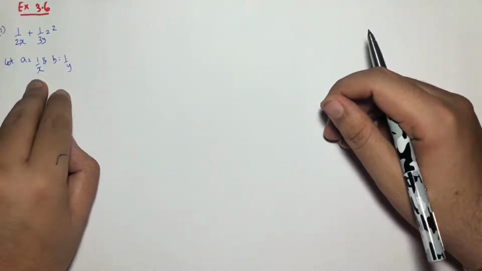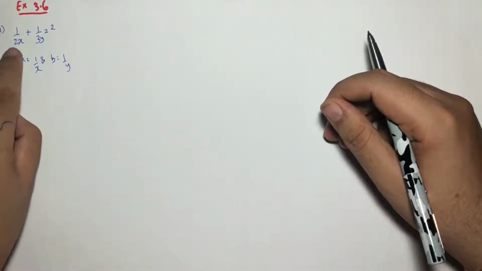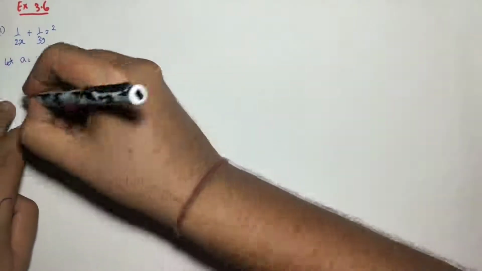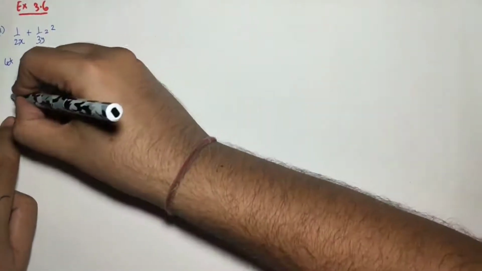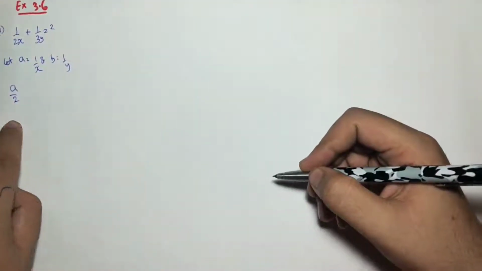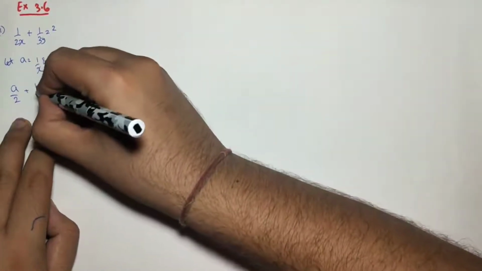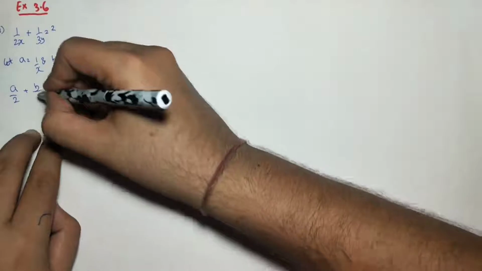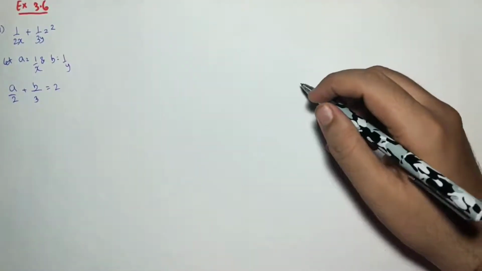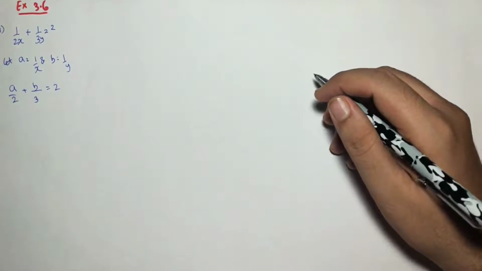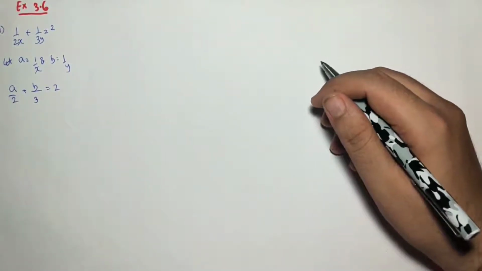By taking a as 1 by x and b as 1 by y, 1 upon x will become a, and as there was 2 in the denominator, this will be a by 2. 1 by y will become b, and 3 was in the denominator, plus b by 3 is equal to 2. That means the equation which was having x and y as variables, we converted to a and b.